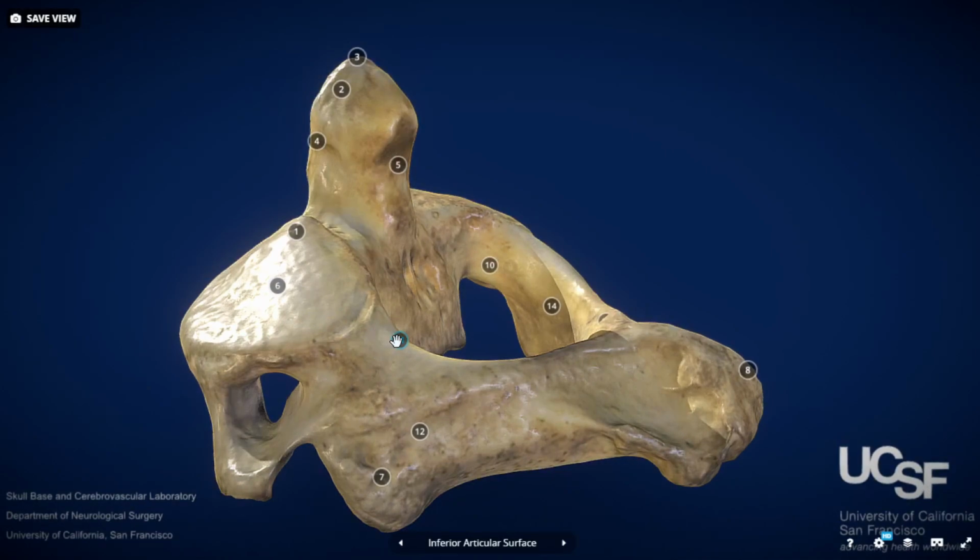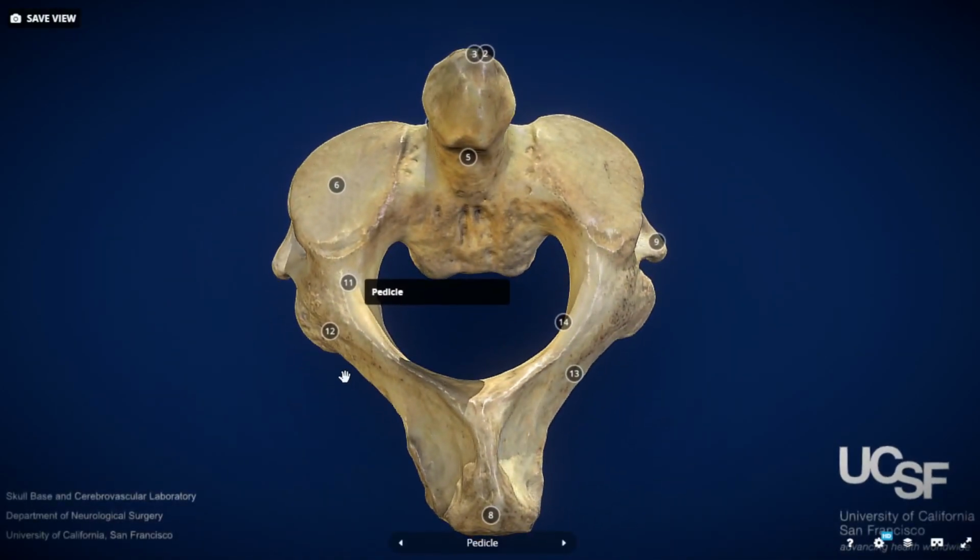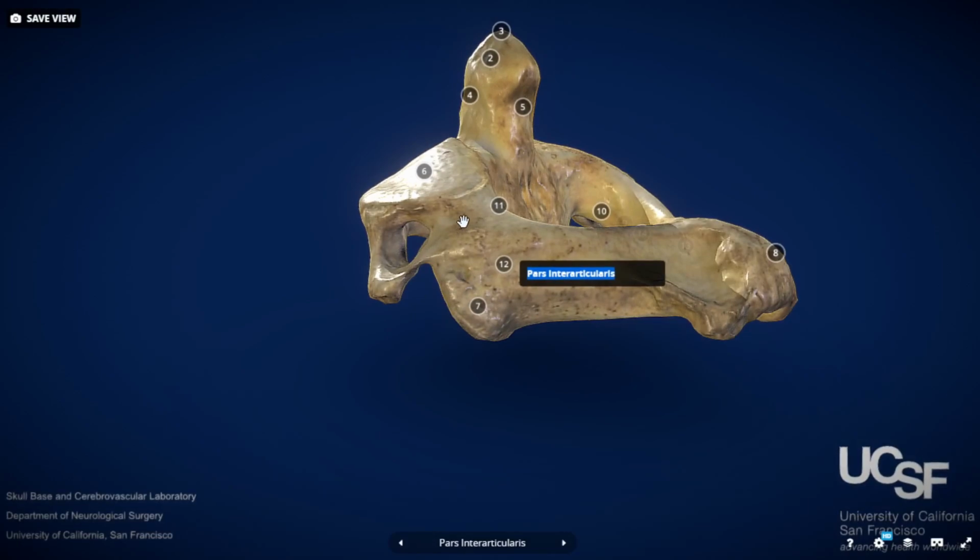The pedicle lies just posterior to the superior articular process, and in between both articular processes, the superior and inferior, we have the pars interarticularis.